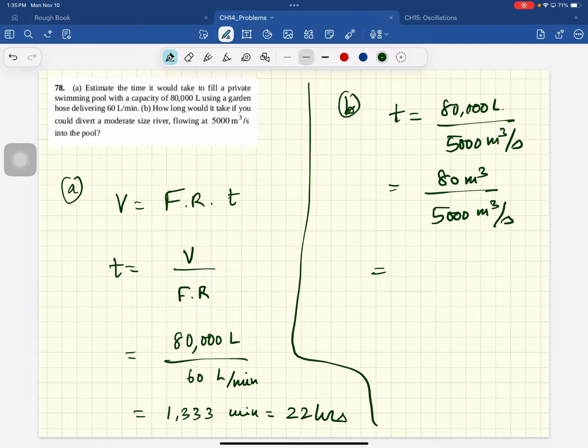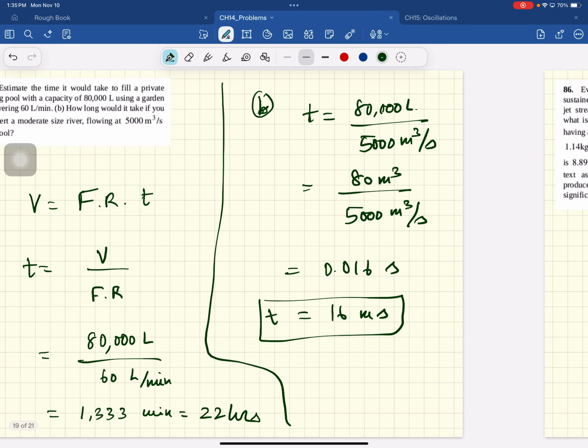So if you use this particular flowing river to fill it, it'll take you 0.016 seconds, 16 milliseconds, to fill it. The only problem is you don't know how to shut off the river.